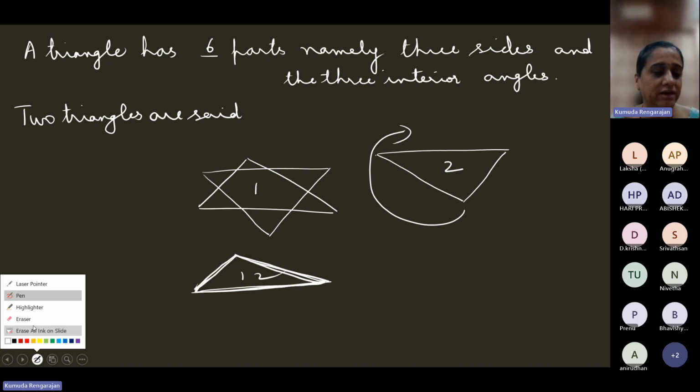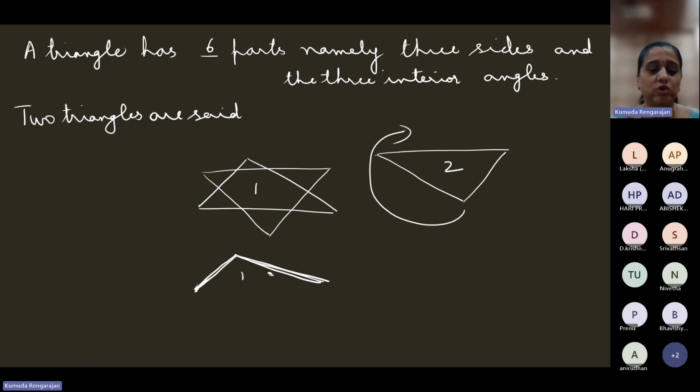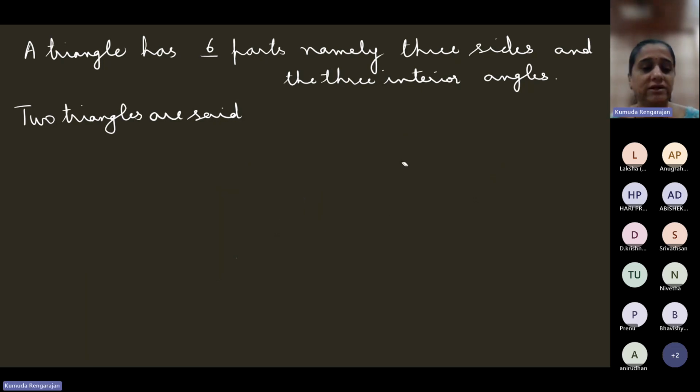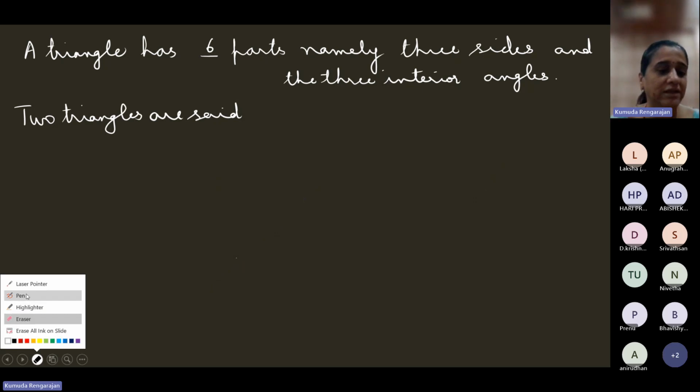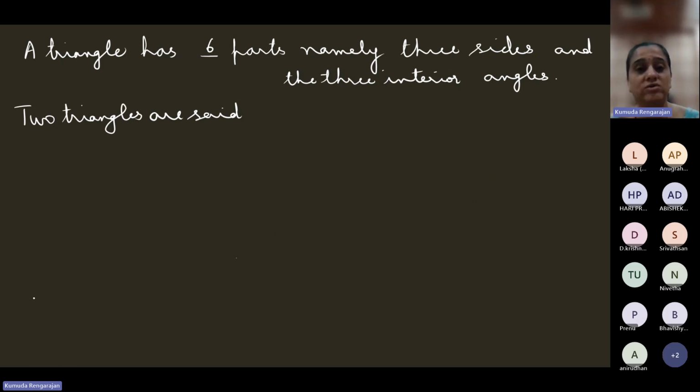Two triangles are said to be congruent if their corresponding sides are equal and their corresponding angles are also equal. These are the 6 parts of a triangle, 3 sides and 3 angles.